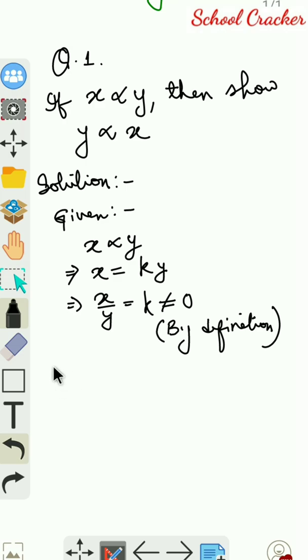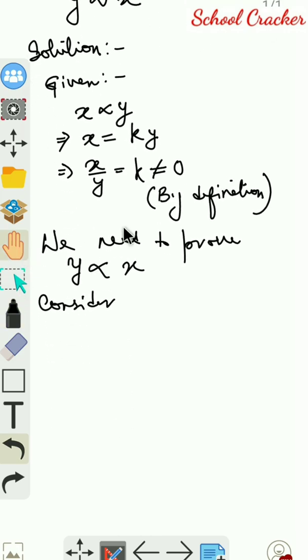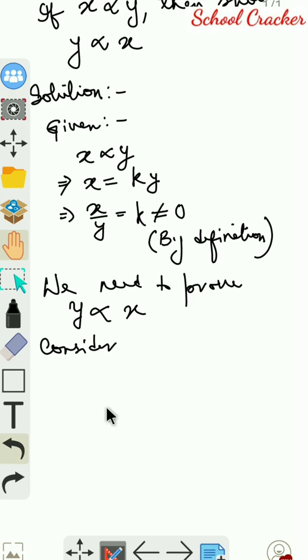We have to prove y is proportional to x. Consider y by x equals m.